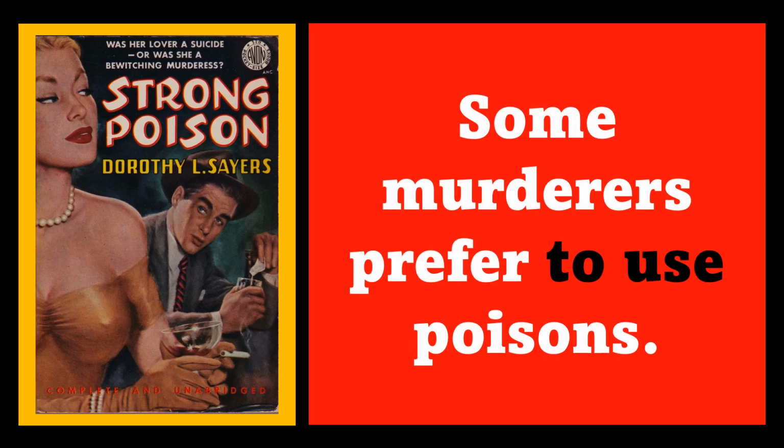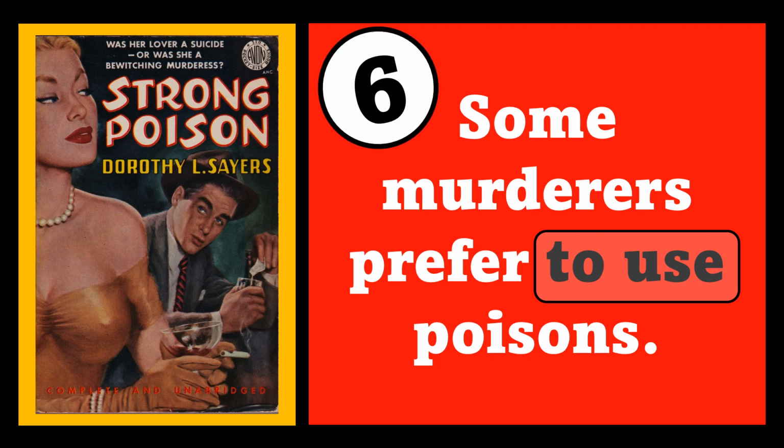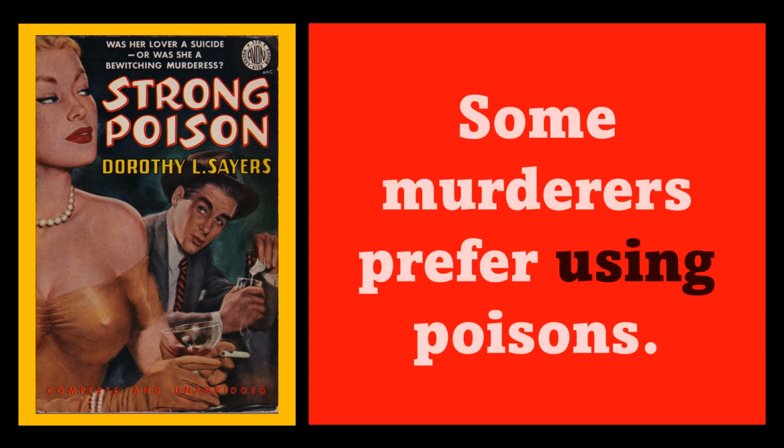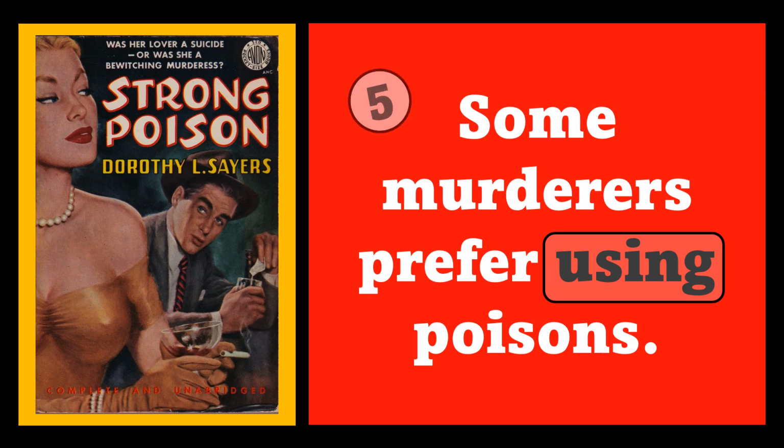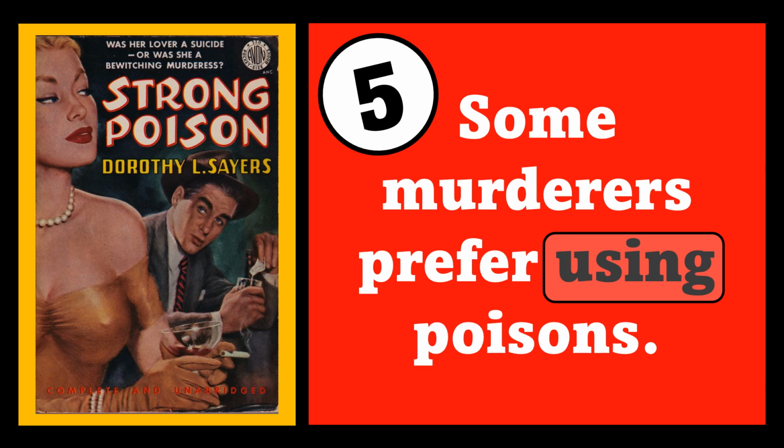Some murderers prefer to use poisons. Here we have to use. This is the infinitive form of the verb use, and that creates a 6-word sentence in this context. If we use the gerund ing form of the verb, it reduces the word count. Here, some murderers prefer using poisons, and we have 5 words instead of 6.